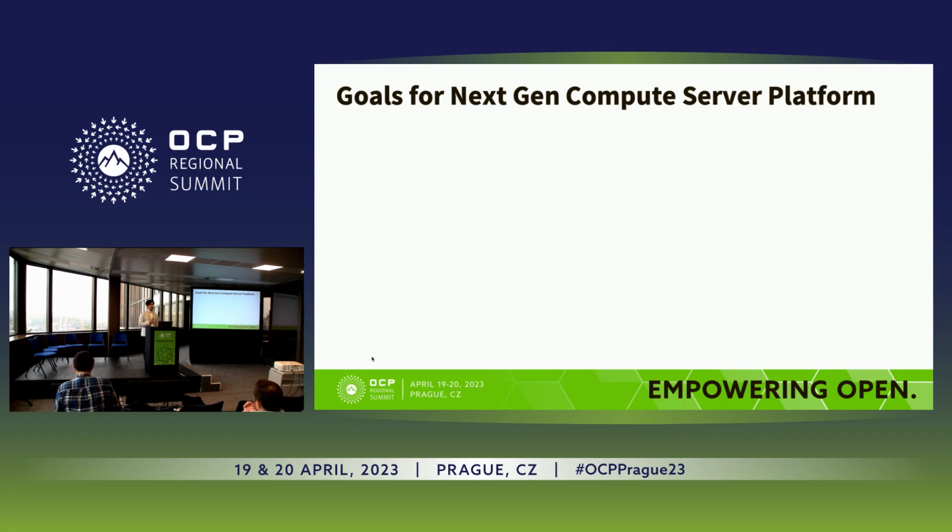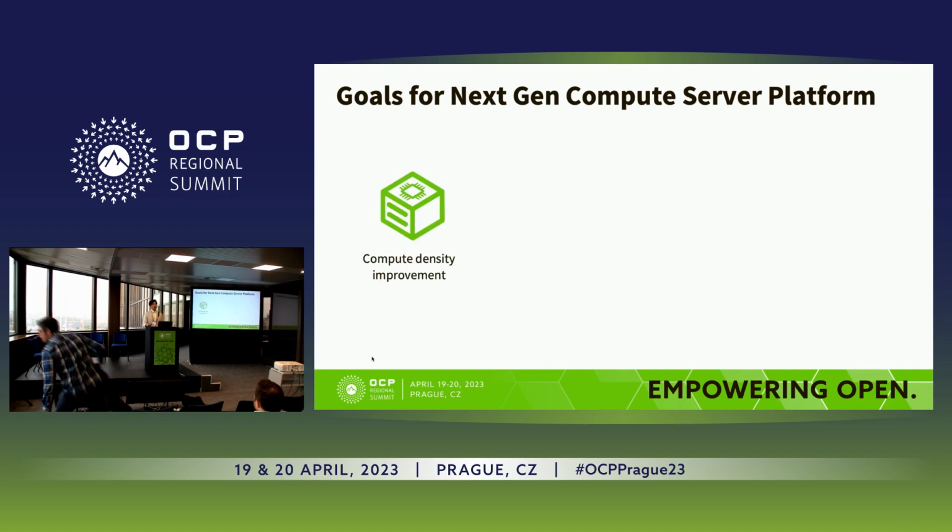Now, before we dive into the details, I'd like to ground the presentation around the goals for our next generation compute server platform, and there are 4 of them. First, we want to continue to improve our compute density in order to bring better efficiency into our fleets. Next, we want to be aware that power efficiency is also considered because we need to continue to scale our non-compute resources, such as networking, hardware, storage, and memory.